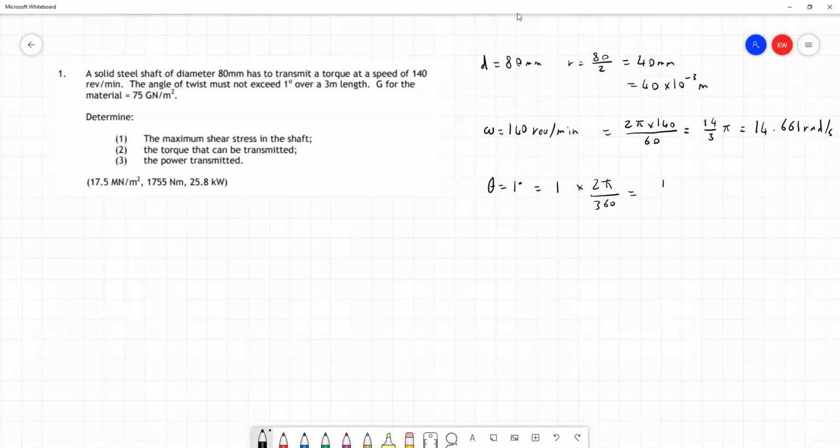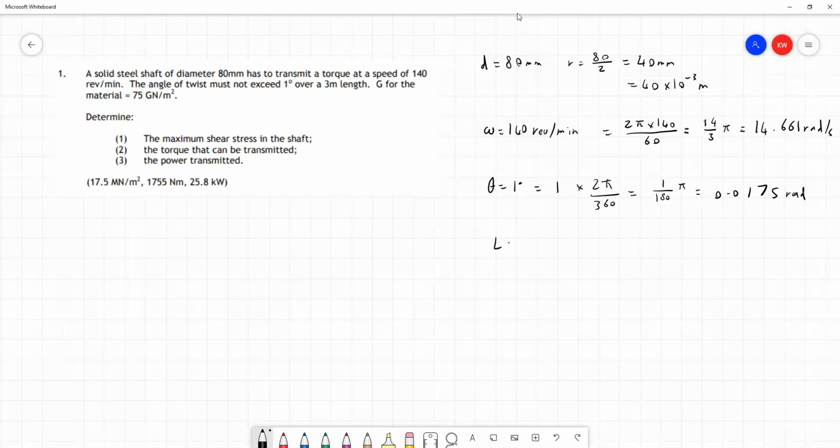Again, you could leave this as an exact value of 1/180, all multiplied by pi, or we can put it into decimal form. It's 0.017, because it's such a small number, we'll take it to 4 decimal places, or 3 significant figures, 175 radians.